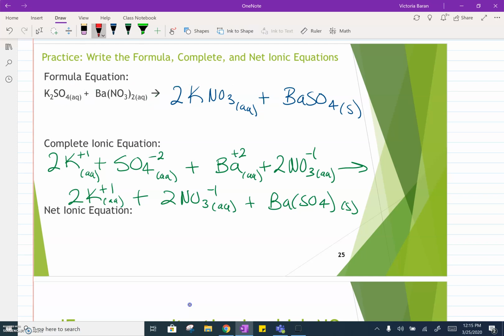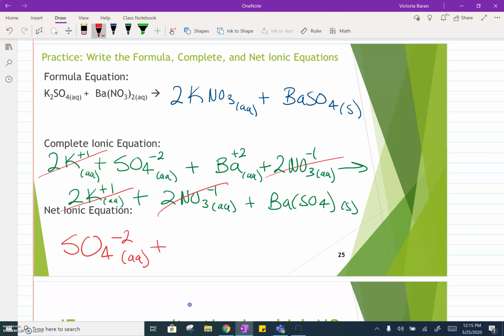Now, the next part is writing the net ionic equation. So to show our work for that, you can actually show that in the complete ionic equation. So you're going to cross off the ions that are the same on either side of the arrow. So I have a potassium ion here and on the other side of the arrow. And I have an NO3 on either side of the arrow, okay? Whatever's left over, that's what we write for the net ionic equation.